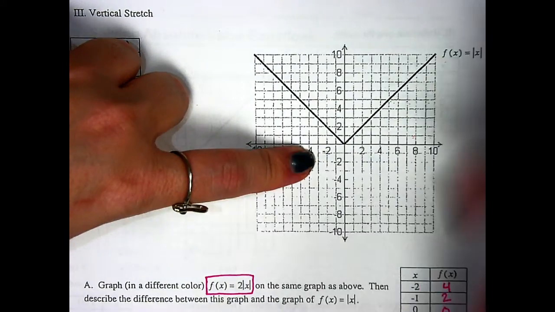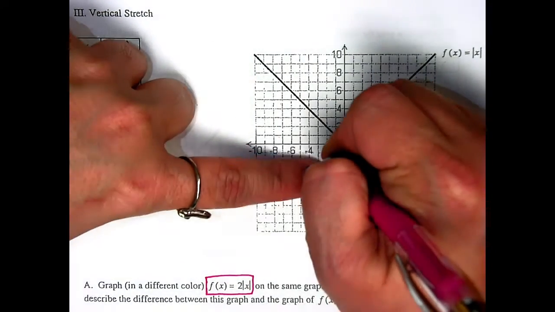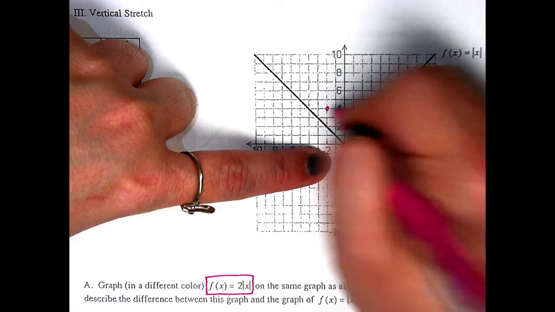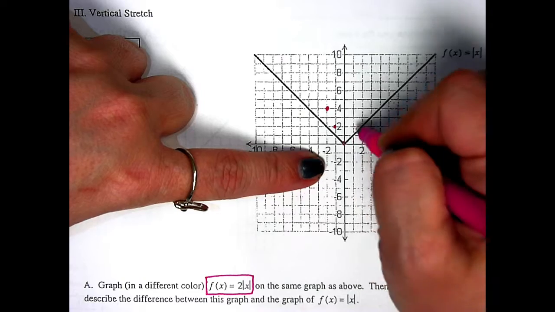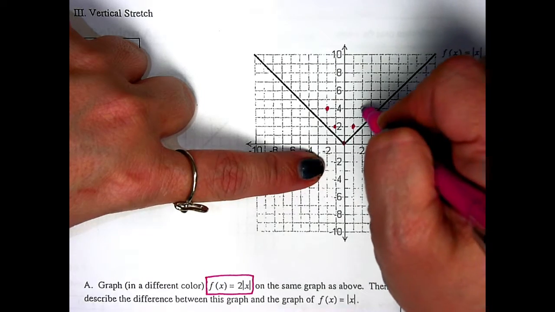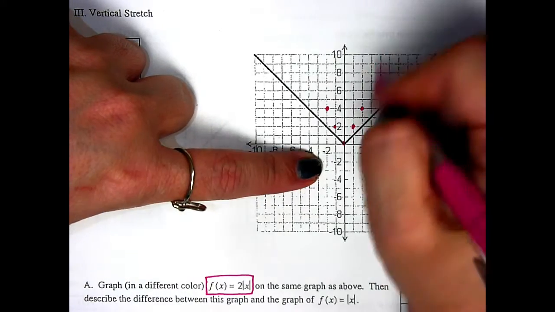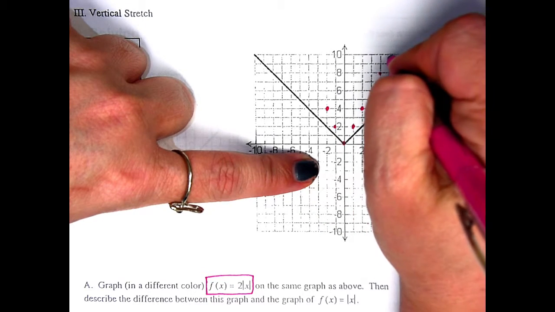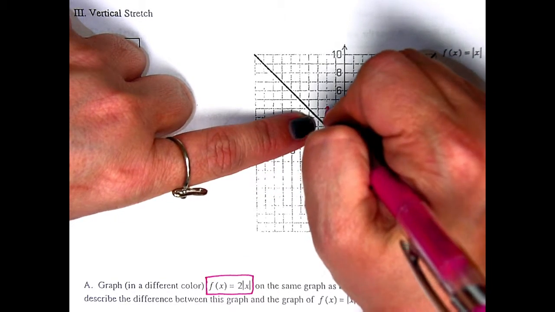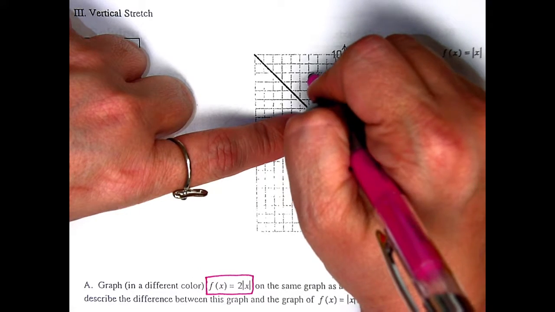Okay, so -2, 4, -1, 2, 0, 0, 1, 2, and 2, 4. And as you can see, this is going to actually change the slope.